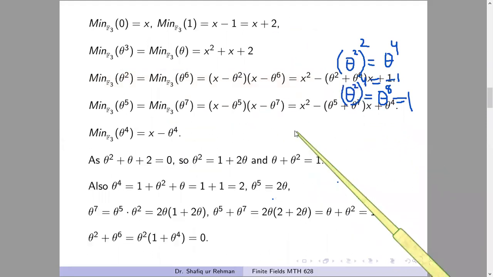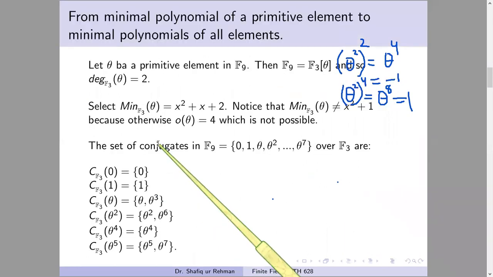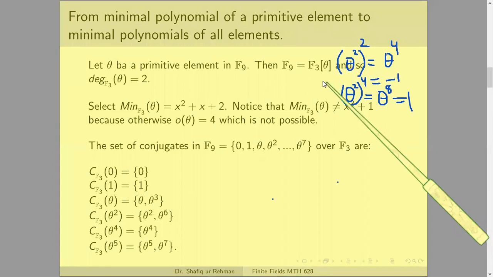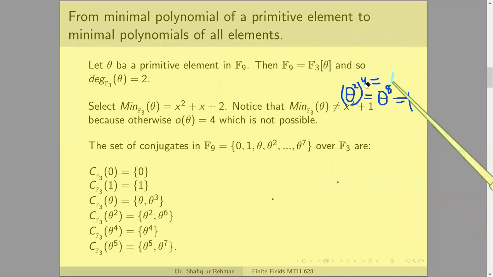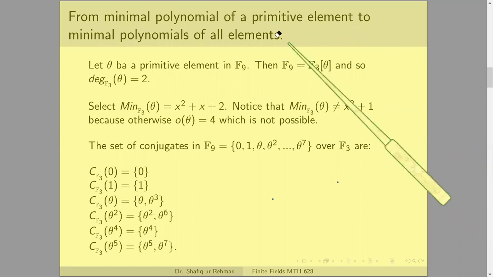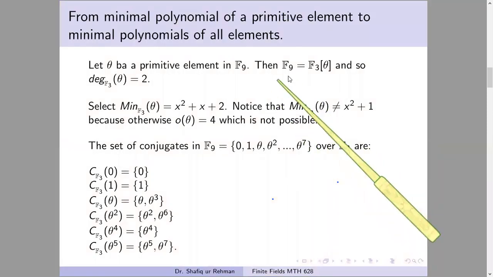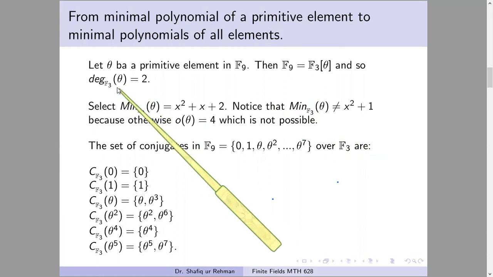However, theta 4 has degree 1. It does not have degree 2. I want to remark that if some element is primitive, its degree equals the degree of the field extension over F3, but the converse of this statement is not true.